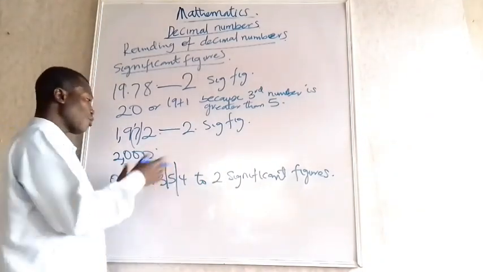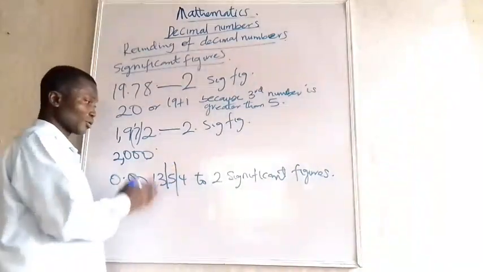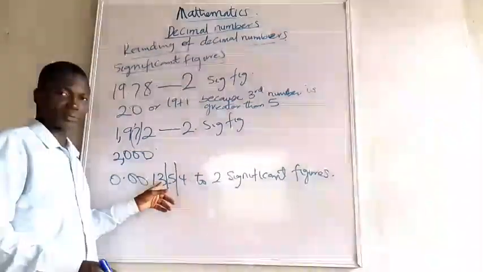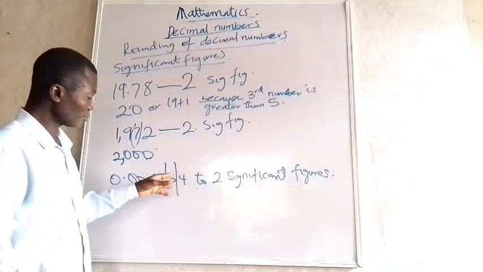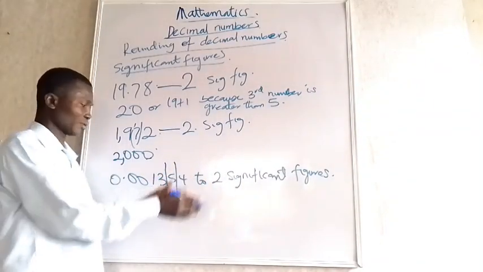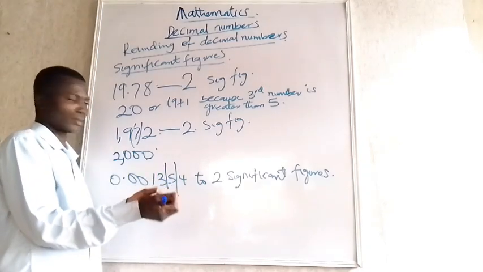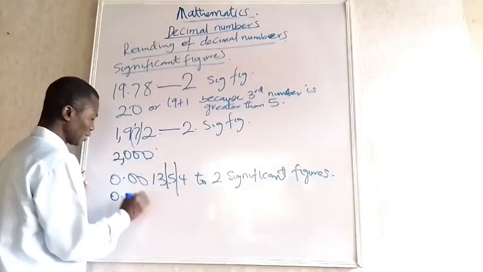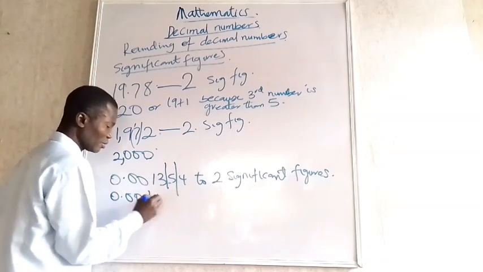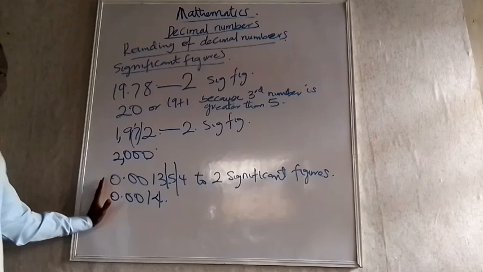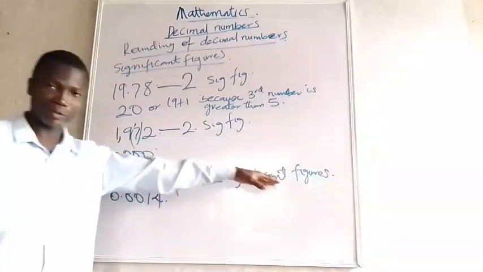Which means that if I want to round up to 2 significant figures, I will have to increase this one by 1. Since this one is equal to 5 or greater than 5, by the time I am crushing it out of the figures, it has meaning. So, I will have to increase this one by 1. So, it's going to be 0.0013. You can see, all these other ones will not be counted when you are talking about significant figures.